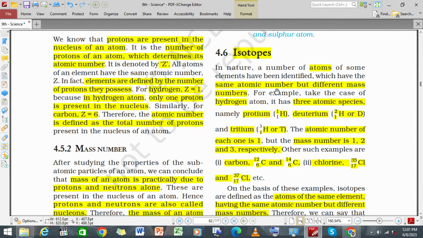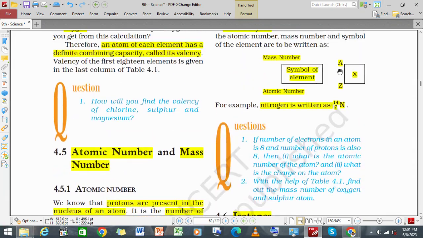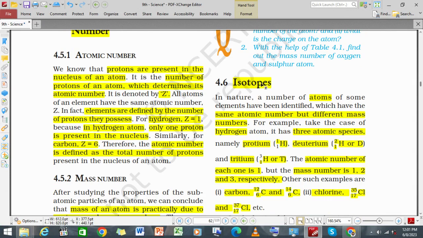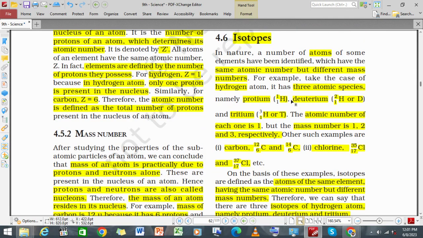Atoms with the same atomic number but different masses. Isotope means top. What is top? Top is the mass. Iso means different. Whatever is at the top is mass. So they will have different masses but the same atomic number. Simple. All right. Isotope, top is mass. So they have different masses but the same atomic number.